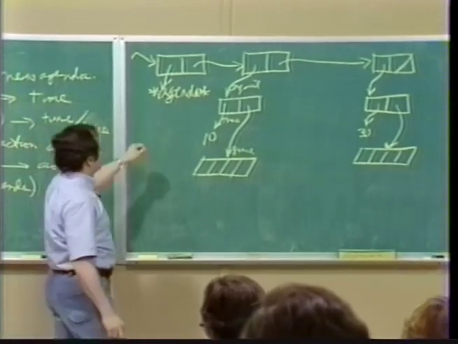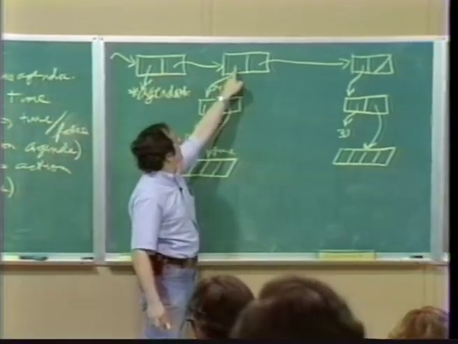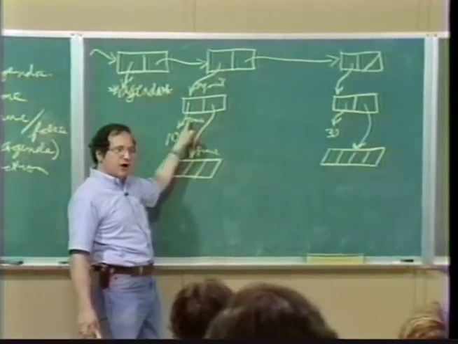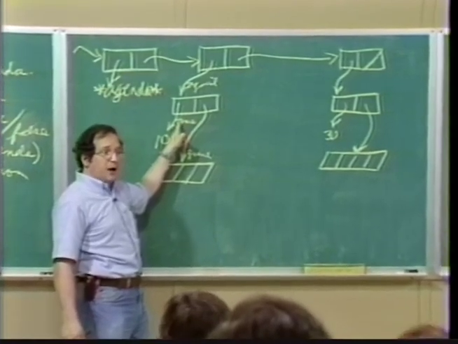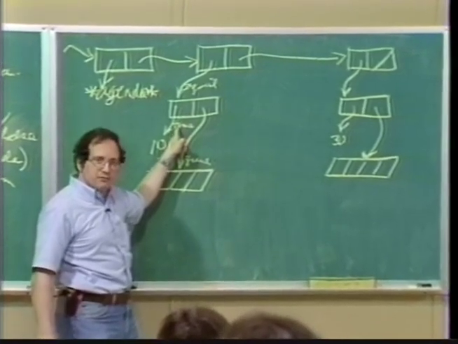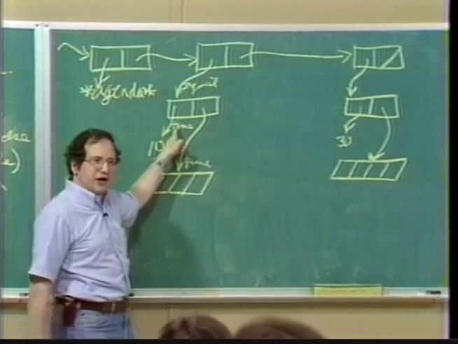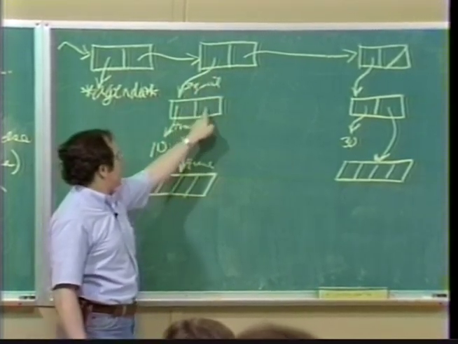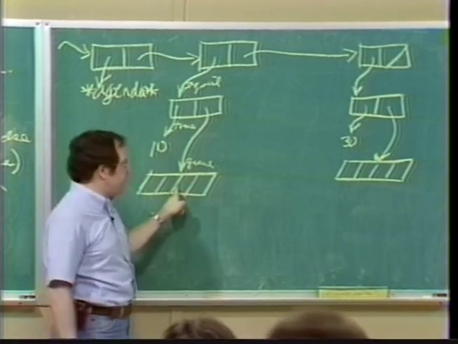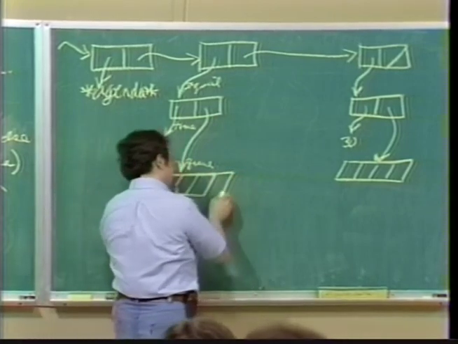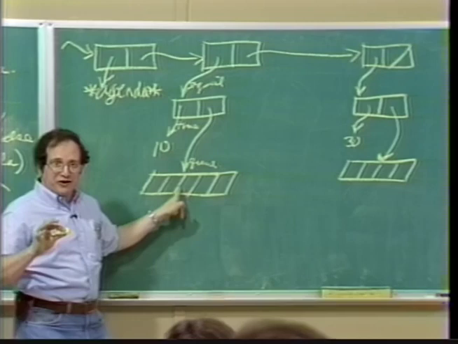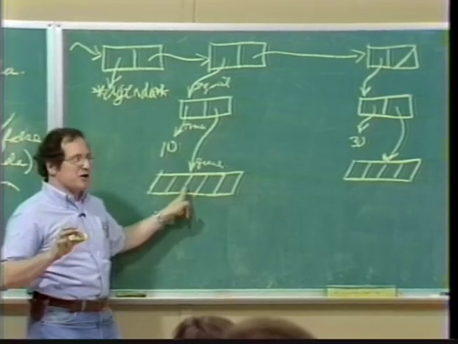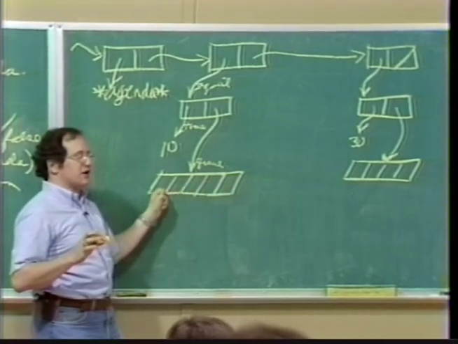Well, that's not very hard. I'm going to walk down here looking for the segment of time 10. It is possible that there is no segment of time 10. We'll cover that case in a second. But if I find a segment at time 10, then if I want to add another thing to be done at time 10, I just increase that queue. Just increase. Isn't such an obvious idea. But I increase the things to be done at that time.